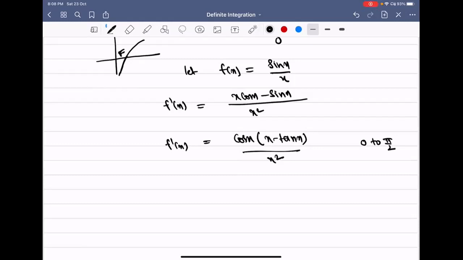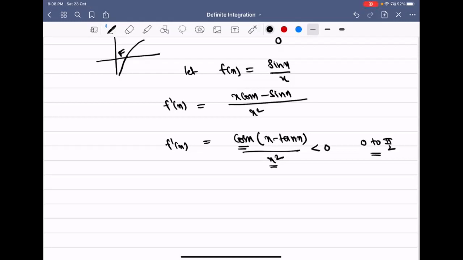So here in between 0 to pi by 2, this f dash x in between 0 to pi by 2, the sign of this x square is anyways positive, this numerator, that is cos x into x minus tan x, this will be less than 0 in 0 to pi by 2.